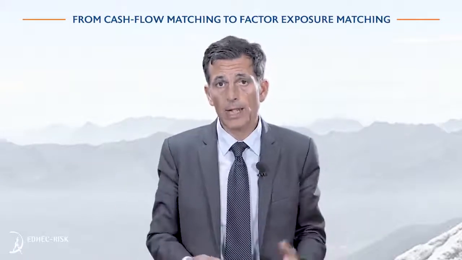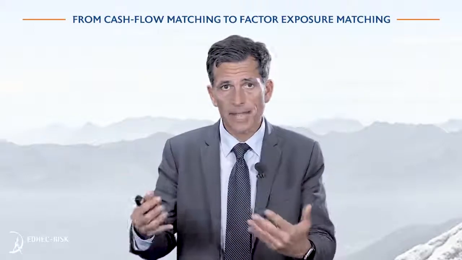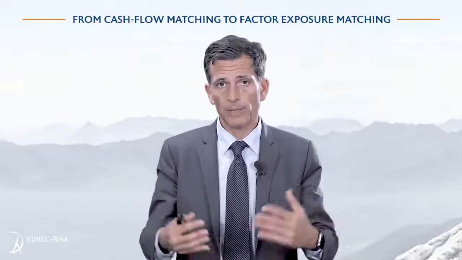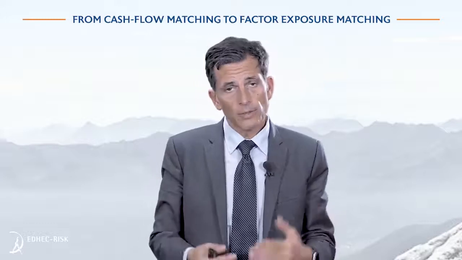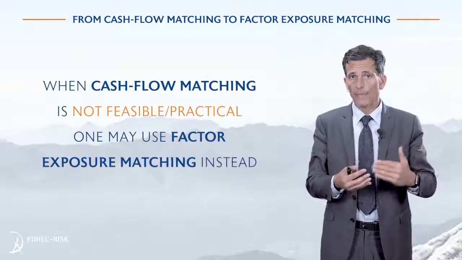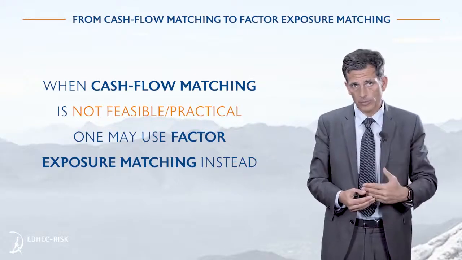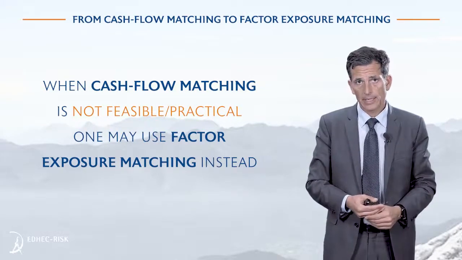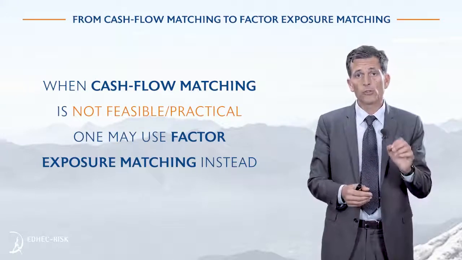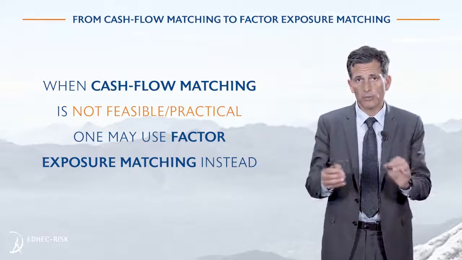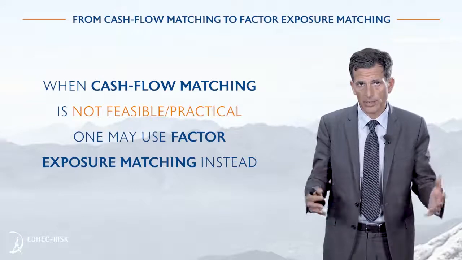Most of the bonds traded are actually coupon-paying bonds, and they may have slightly different maturities compared to our needs. So in this case, if we cannot do perfect cash flow matching, what we are going to implement instead is approximate duration matching or factor exposure matching, more generally speaking.